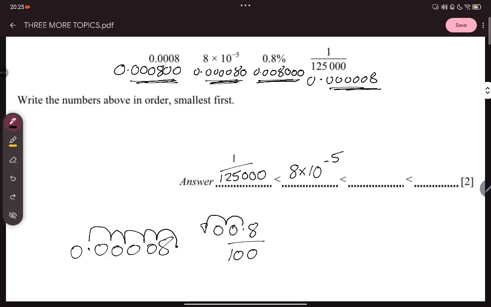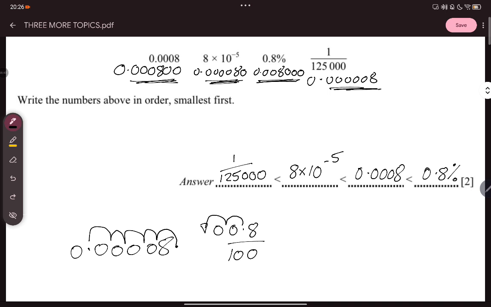And then the next one is the 800, which is 0.0008. And then the last one is the 8,000, so 0.8%. Right, well, there you are. That's the answer for that question, isn't it? Not the easiest numbers to follow, really, but there you go.